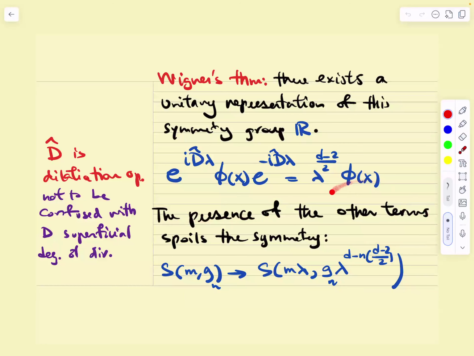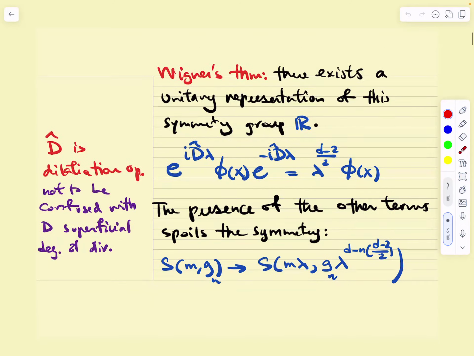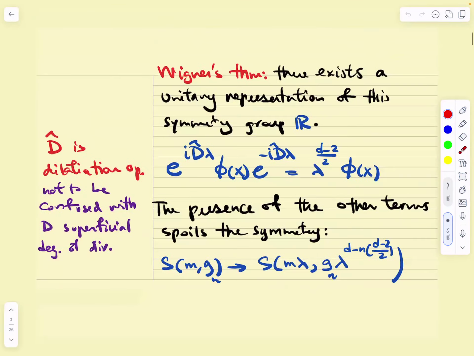If you were to recover the symmetry classically, G n would also have to transform with its canonical power dimension, which is this. All right, any questions?